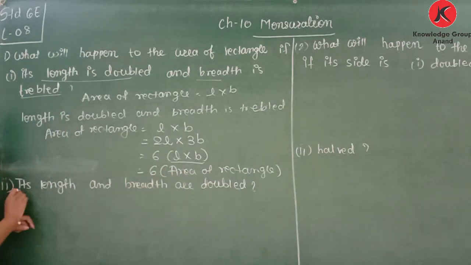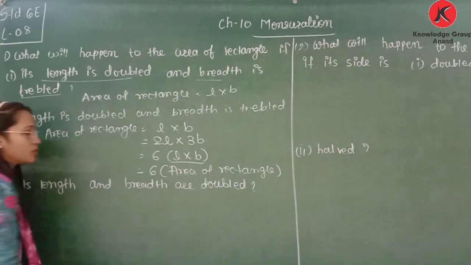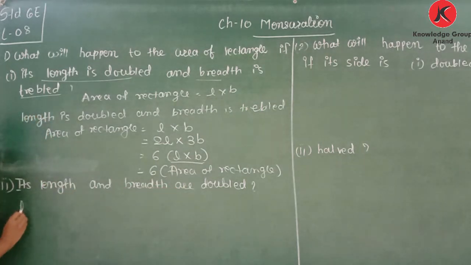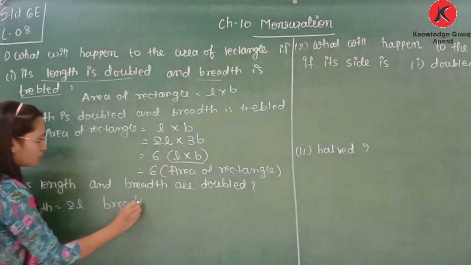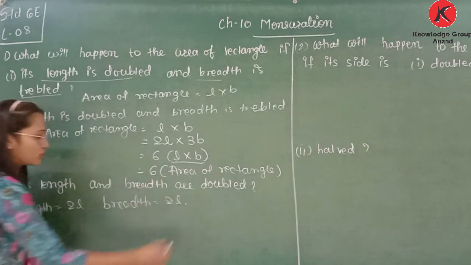Now next, its length and breadth are doubled. So again we can write length is 2 times and breadth is also 2 times.